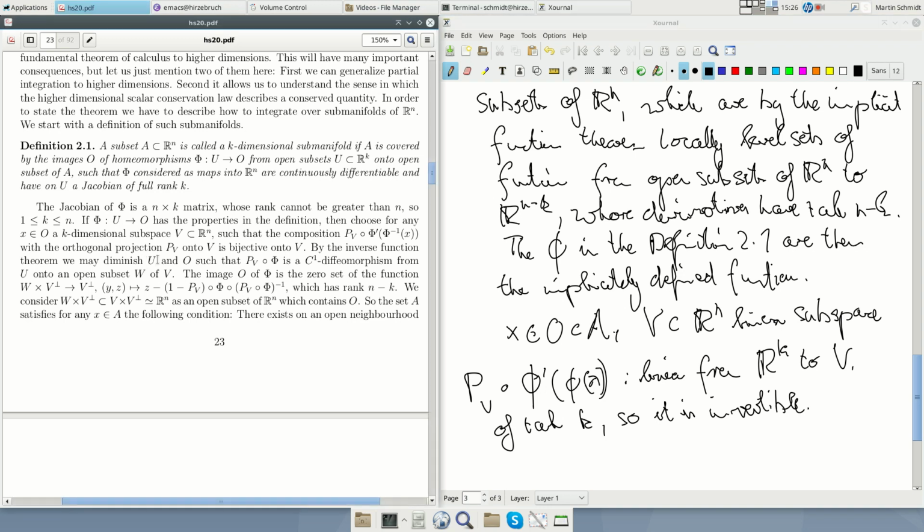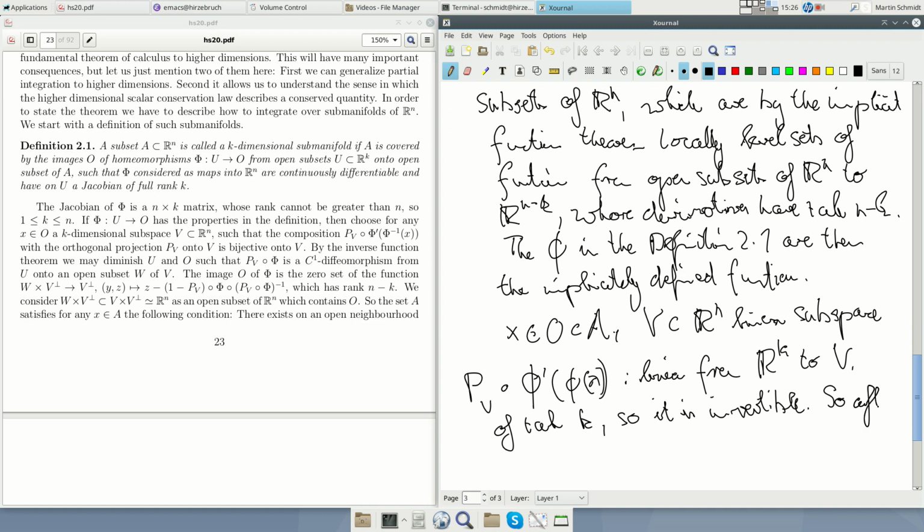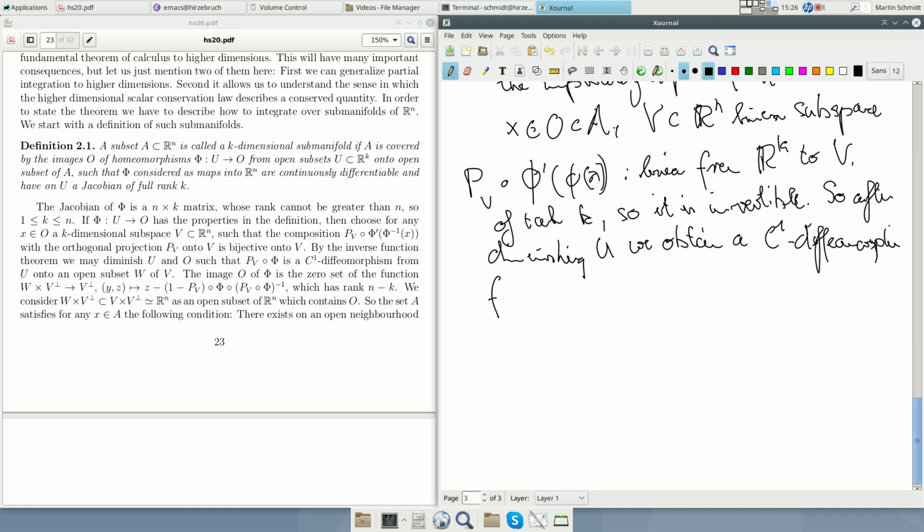Now we diminish U and O. So after diminishing U, we obtain a C1 diffeomorphism from U to an open subset of V, of the k-dimensional vector space V. Maybe I draw here again a picture.